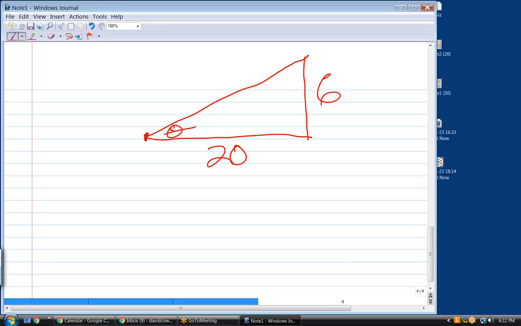A very common problem in real life is to solve for angles, not the height of the pole. So theta is going to be the inverse tangent of 6 over 20.